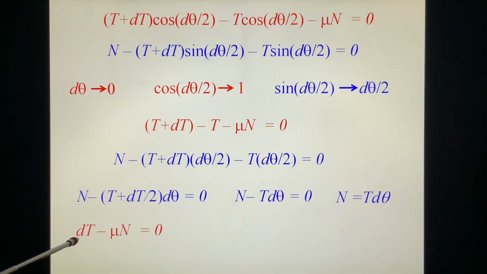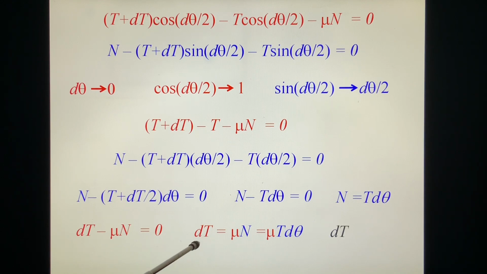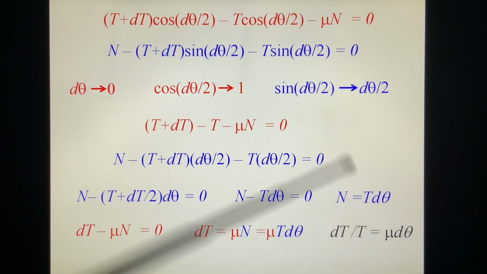So you cannot. This is the big one, even if one is a bigger one. So you put N d theta inside, we get dT equal to mu N. The N is T d theta. And move T over, you get dT over T equal to mu d theta. This is the different equation we got.